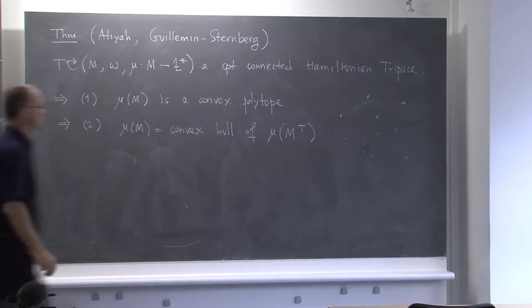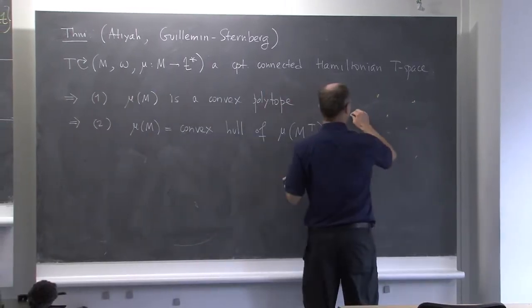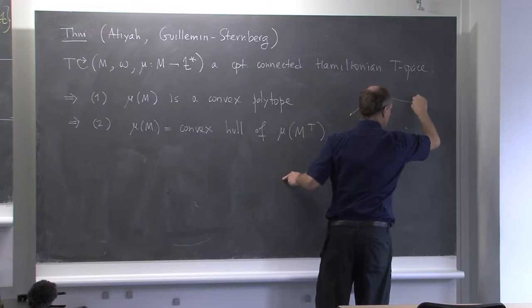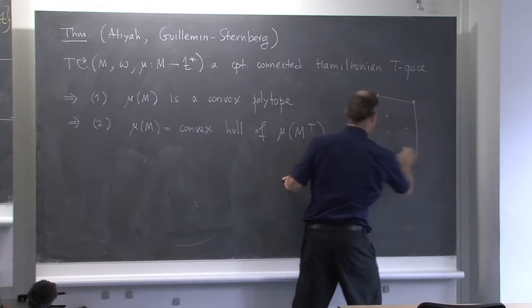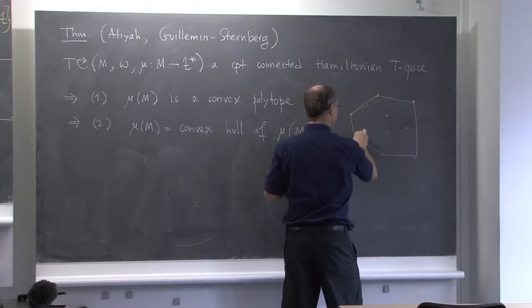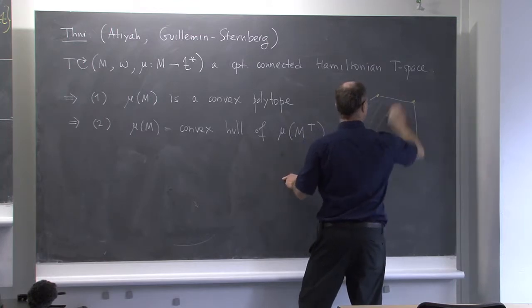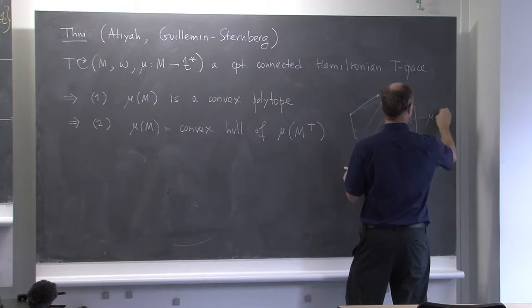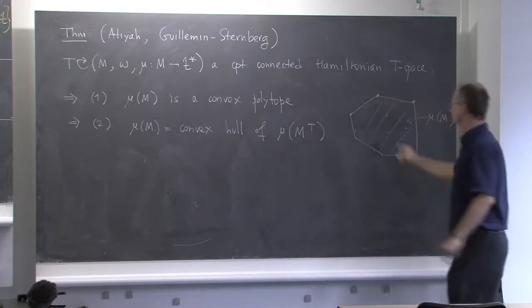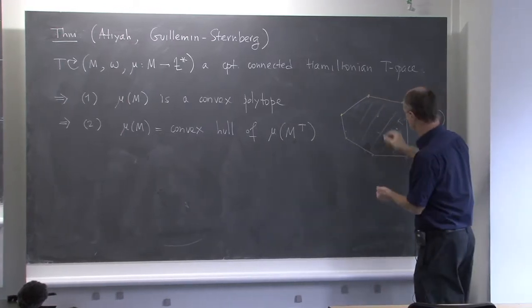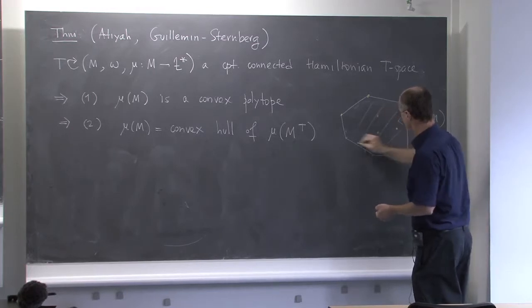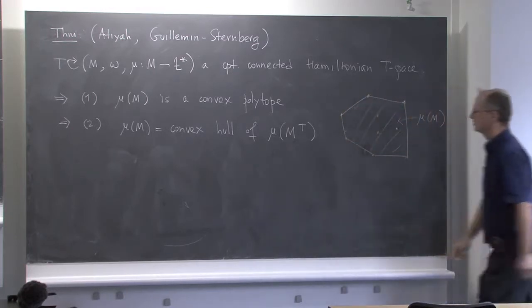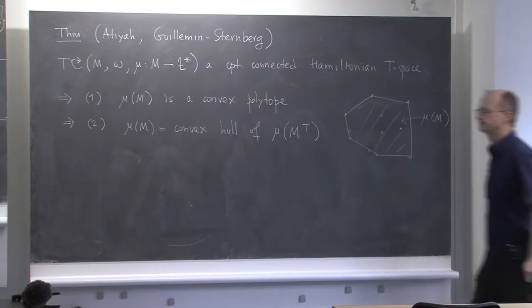So that's mu of M^T, and now the convex hull is this set. So this will be mu of M, if the yellow points were images of elements of mu of M^T.